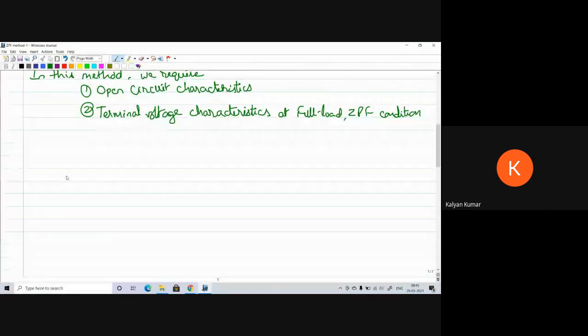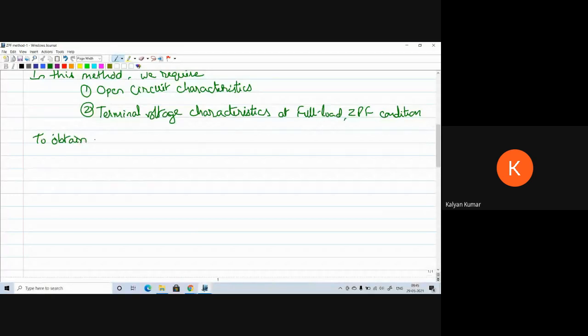Next, the second curve is terminal voltage characteristics. So how do we obtain terminal voltage characteristics?